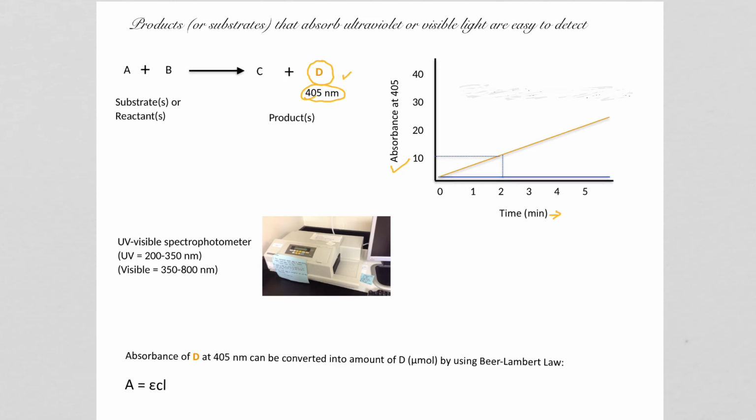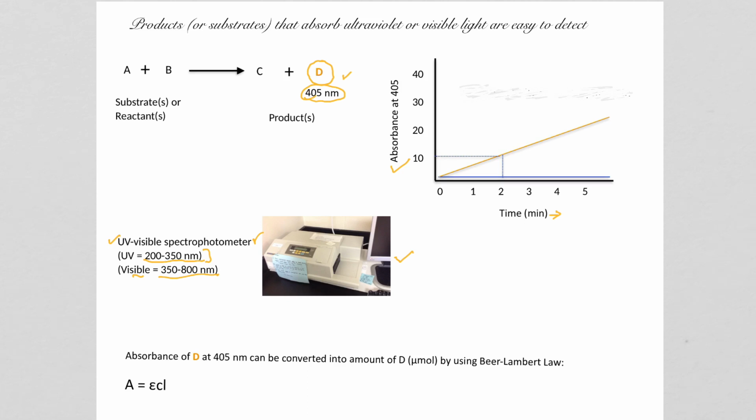Measuring absorbance can easily be done by using quite an inexpensive instrument that's readily available in most labs, and this instrument is called a UV visible spectrophotometer. The ultraviolet light has a wavelength around 200 to 350 nanometers, while visible light has a wavelength range from around 350 to 800 nanometers.